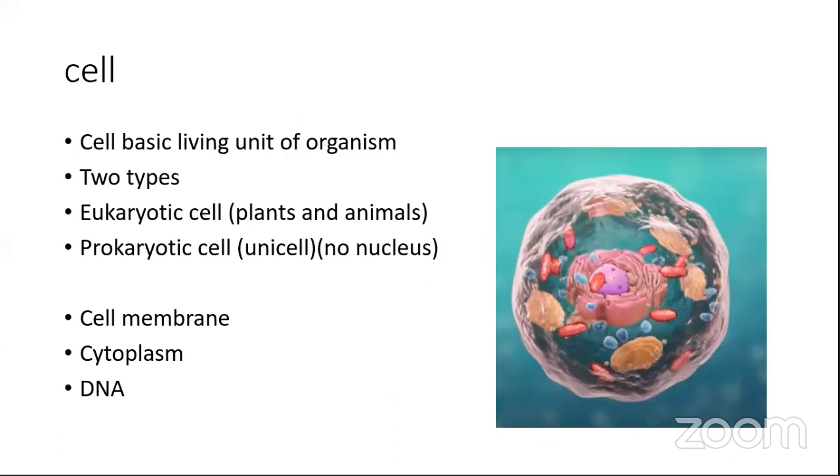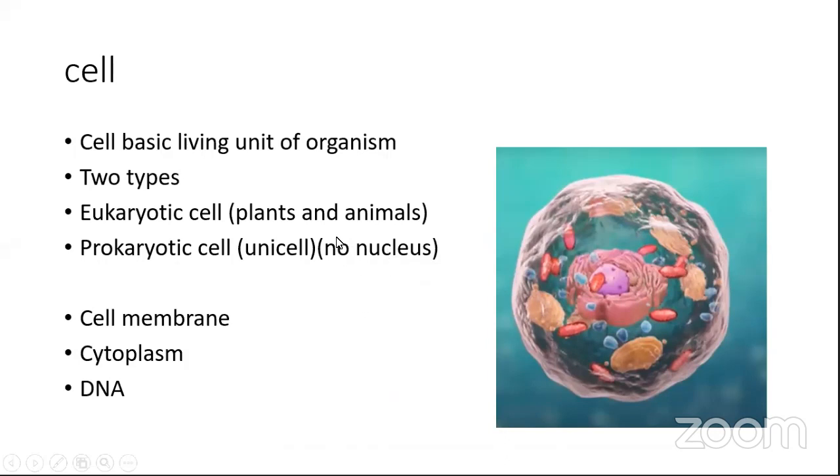The main difference between eukaryotic and prokaryotic cells: the eukaryotic cell has membrane-bound organelles inside, like the nucleus, mitochondria, etc. The prokaryotic cell does not have any membrane-bound organelles. They are usually unicellular organisms, and they have no nucleus inside.